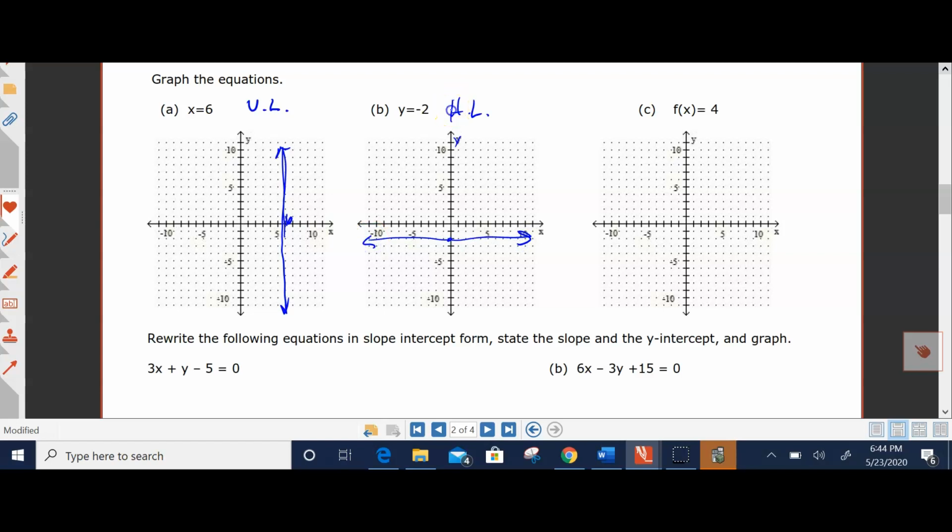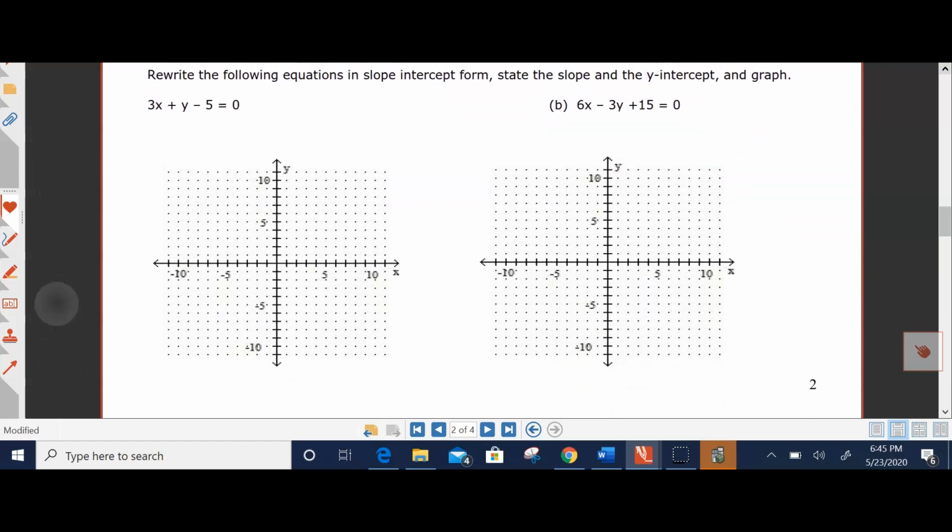And as you're going to find out as we continue our work in this class, f of x is just another name for y. So f of x equal 4 is the same thing as y equal 4, which means it's a horizontal line. So let's find 4, and let's draw that horizontal line. So x equal to a number, vertical line; y equal to a number, horizontal line; another horizontal line.